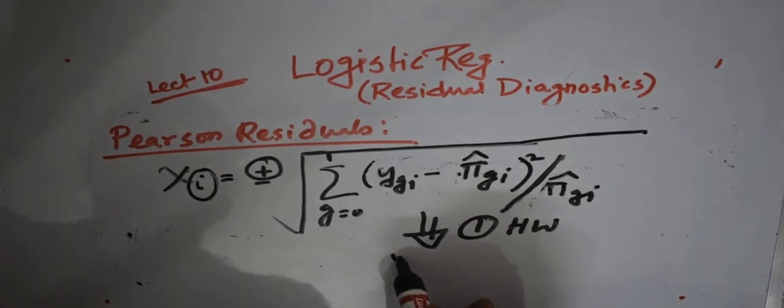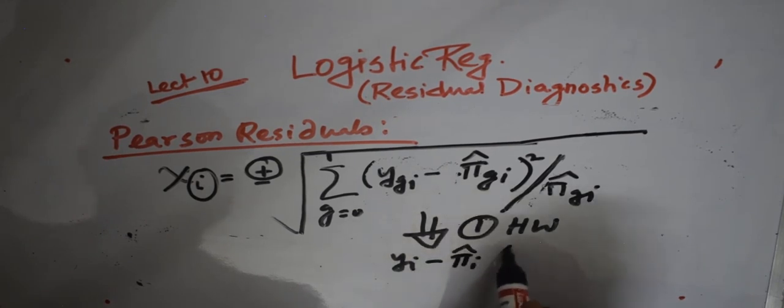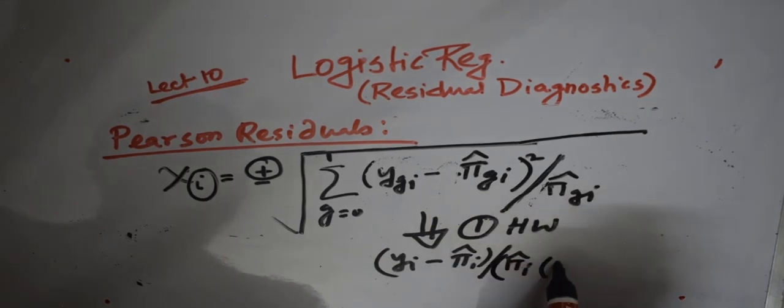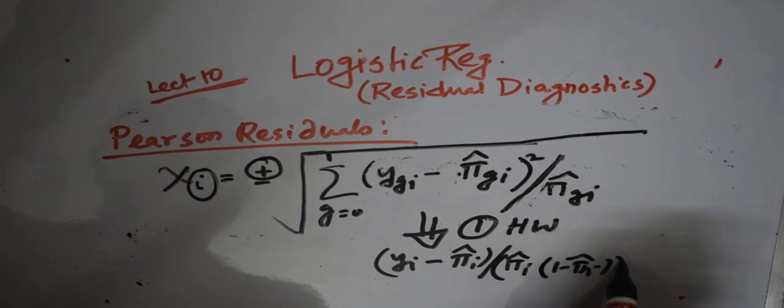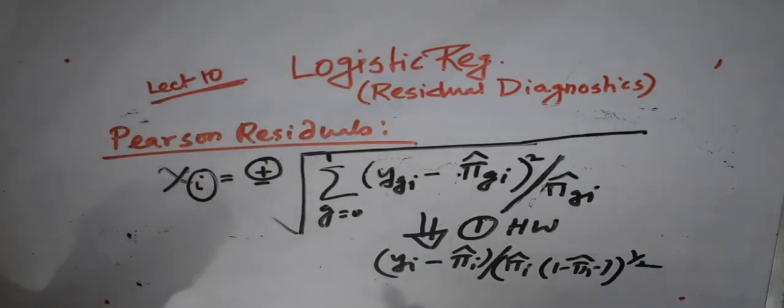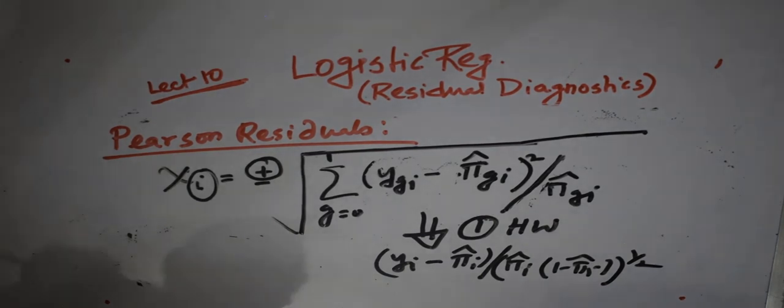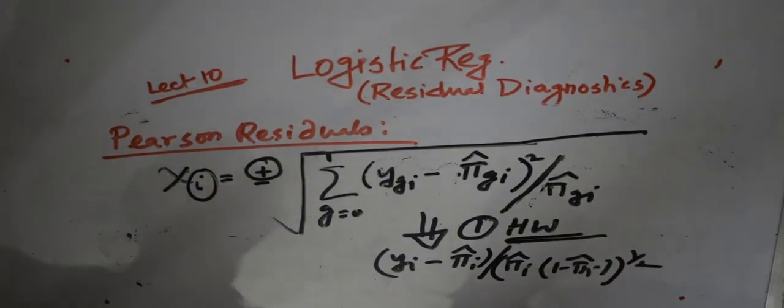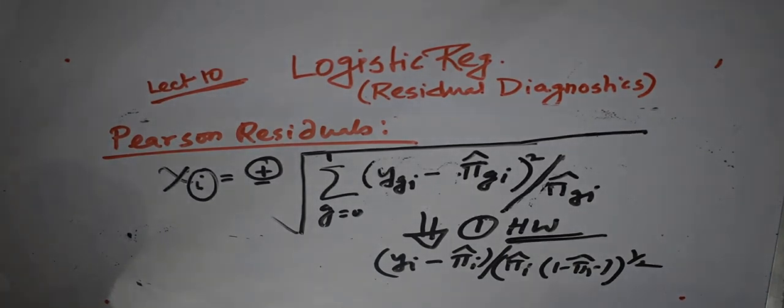This is equal to (y_i minus pi_i hat) by root over pi_i hat into 1 minus pi_i hat. This is your second homework, the first homework.